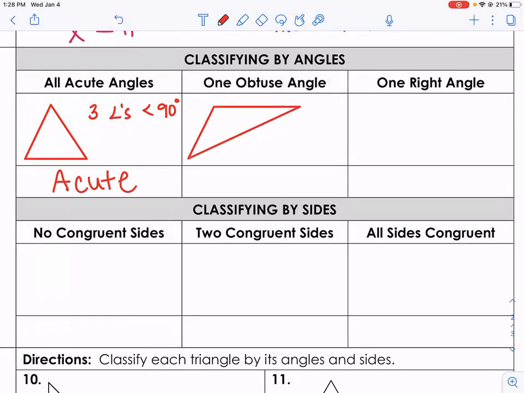Obtuse. Okay, if we have 1 angle that's greater than 90 degrees, then we have what's called an obtuse triangle, because we have 1 obtuse angle.